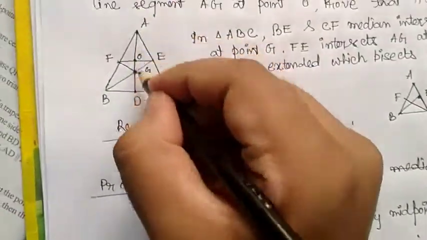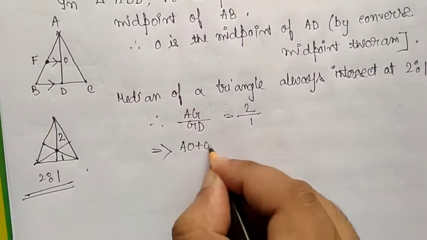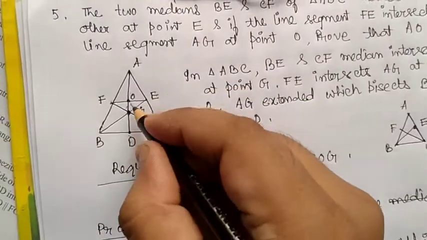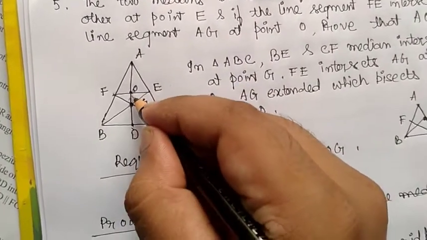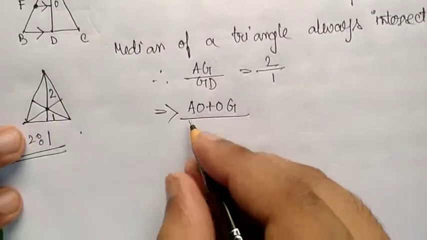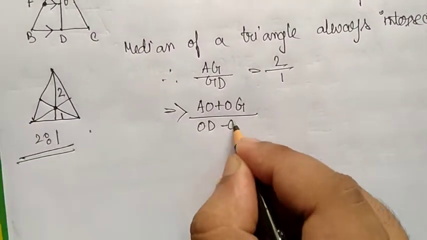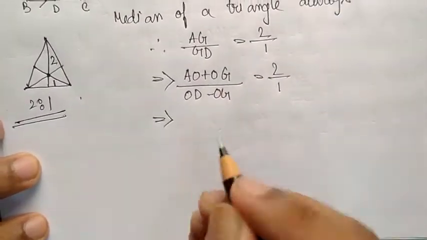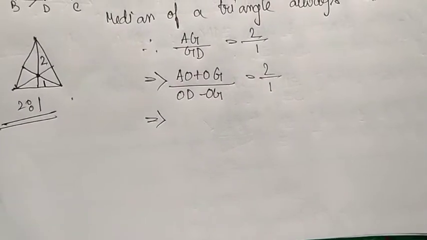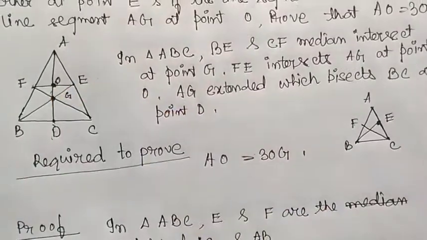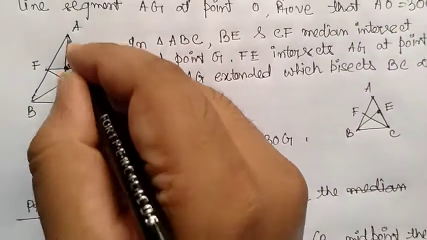Now AG means AO plus OG, and GD means OD minus OG. If we subtract OG from OD, we get GD. So it should be AO plus OG by OD minus OG equal to 2/1. Now previously we proved that O is the midpoint of AD, therefore AO and OD are the same.